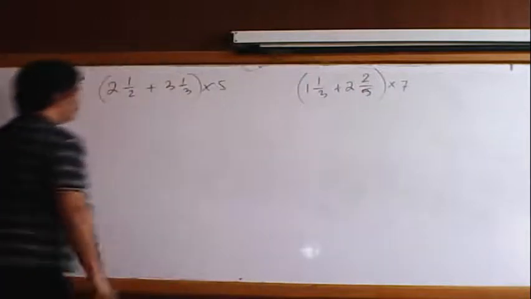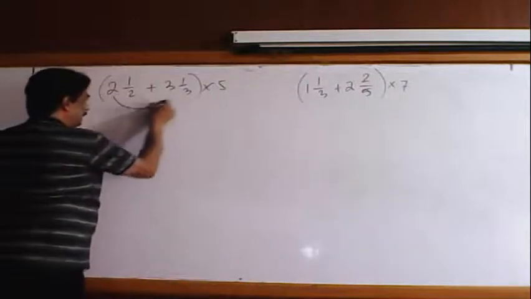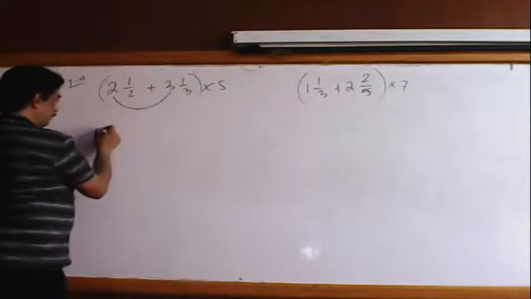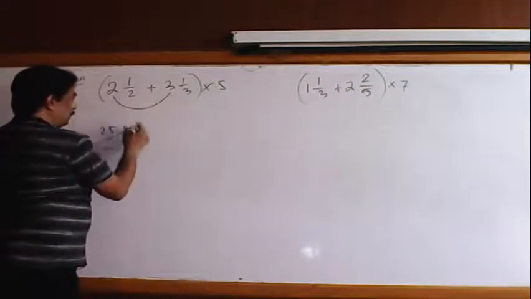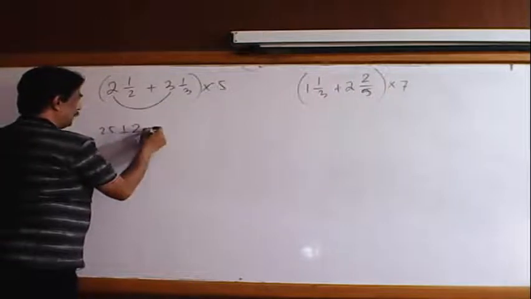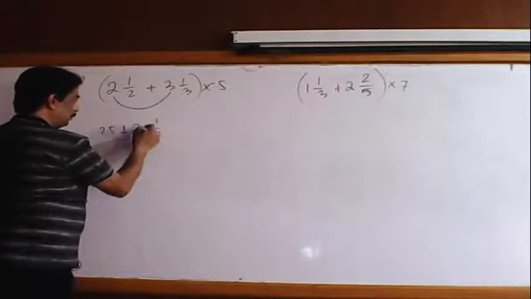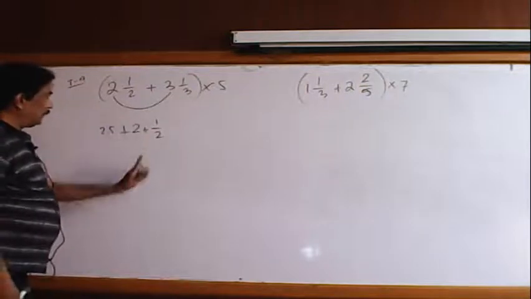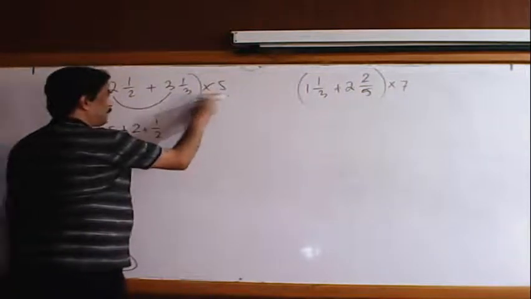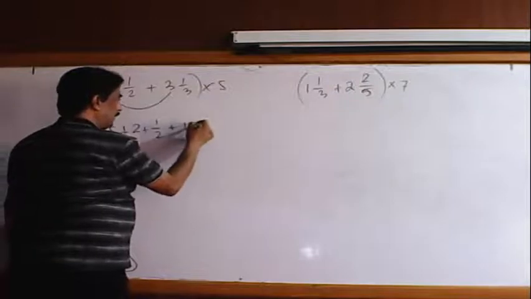Now observe first. Rule same, 2 plus 3 is a 5, 5 5 is a 25. First, if I say 5 divided by 2, we can get quotient is 2 and remainder is 1 by 2. Now this is 5 by 3, quotient is 1, remainder 2 by 3.